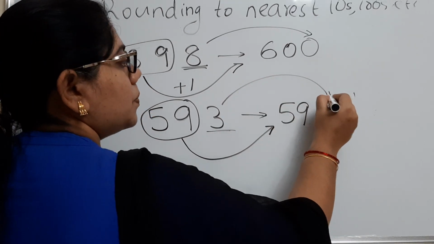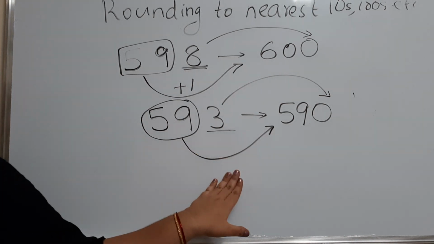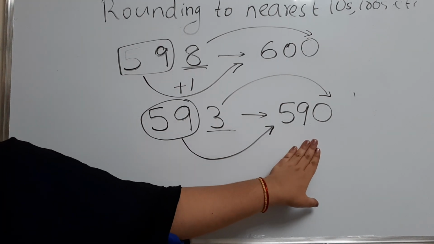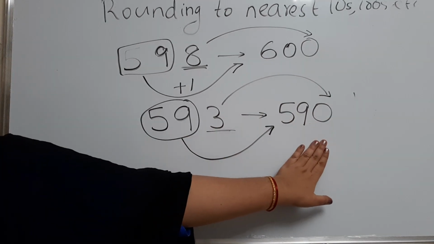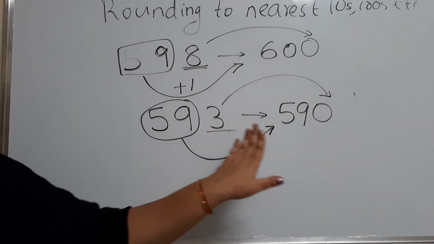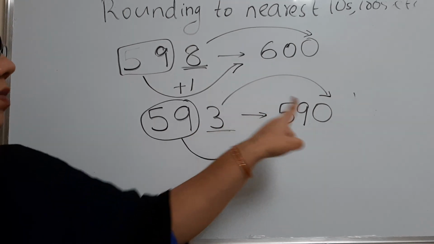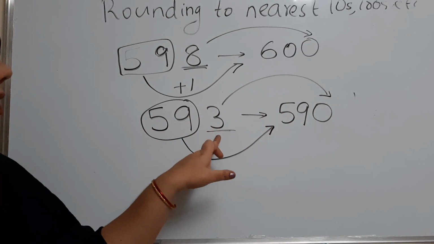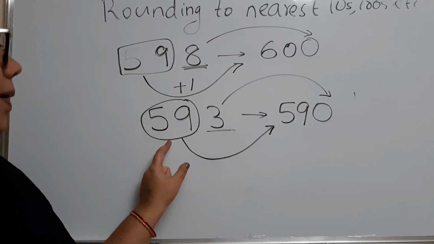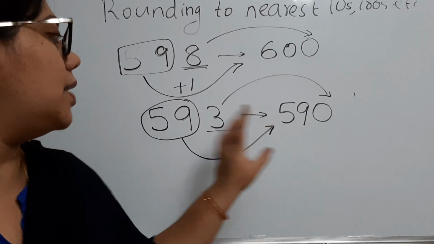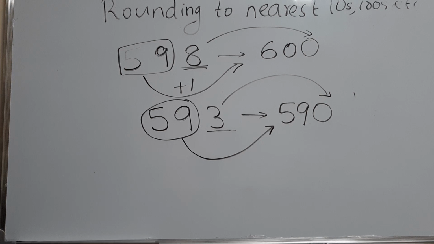And the ones place you want to write as 0. So 593, when rounding to the nearest tens, becomes 590. How? The ones place will become 0, and since this 3 is less than 5, this number remains the same. So here it is 59.